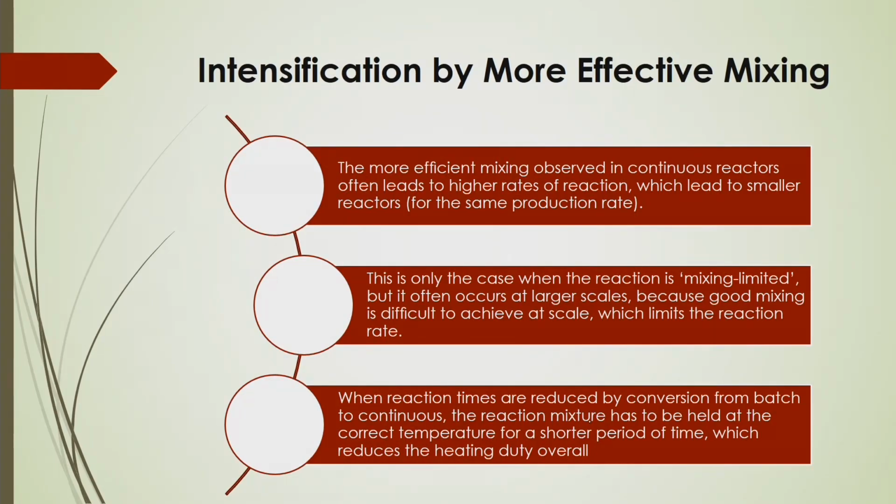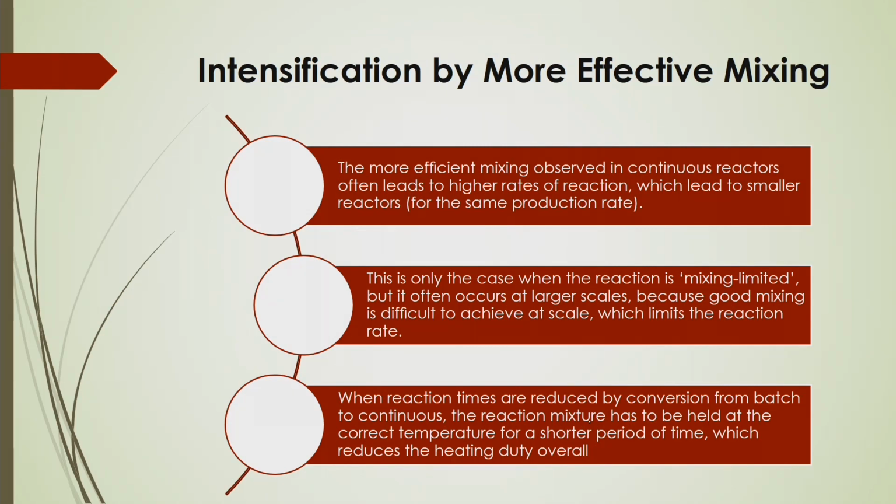Another important aspect of process intensification is that you can have an intensified process by more effective mixing, like the more effective mixing observed in continuous reactors, which often leads to higher rates of reaction, which lead to smaller reactors for the same production rate, when the reaction is mixing limited, which often occurs at larger scales.